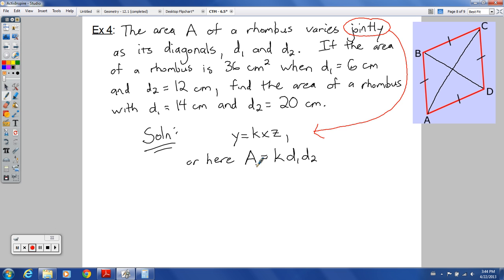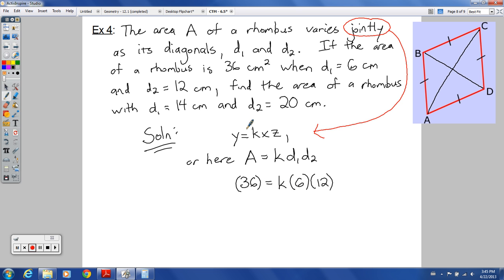Let's plug in those values that we actually know. We know that when area is 36 centimeters squared, I don't know what the constant of proportionality is yet, but I know that when the area is 36, D1 is 6 and D2 is 12. That is a possible combination. So we can solve for k from there.